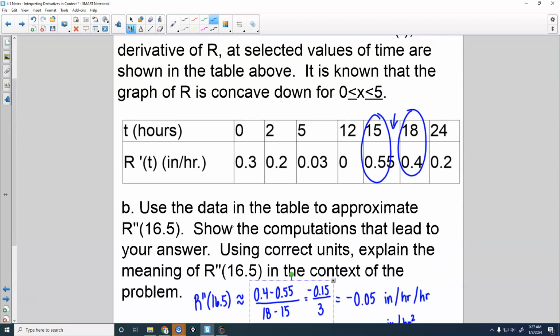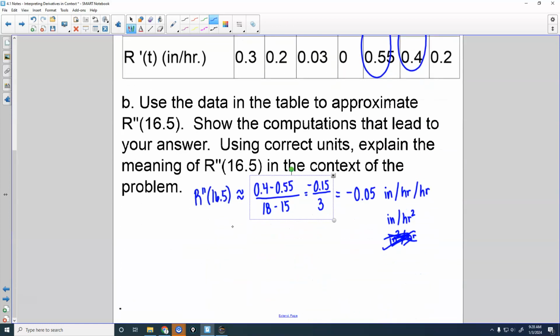All right, what in the world does this mean? Definitely important to put that at 16.5 hours.